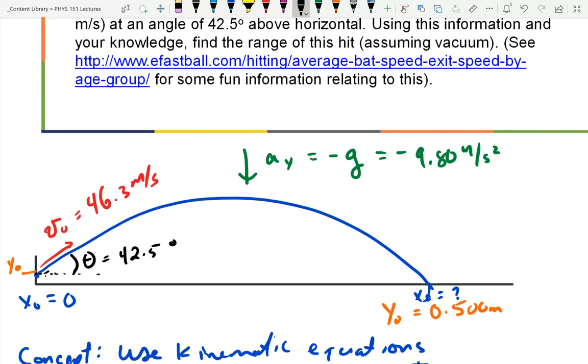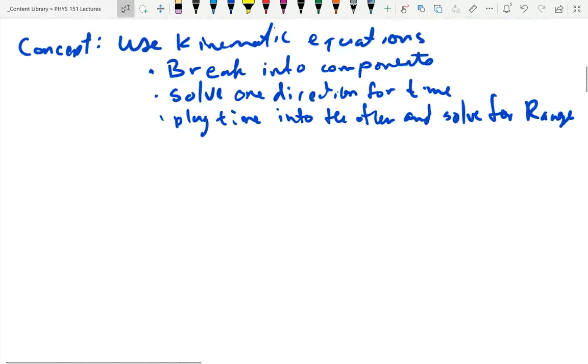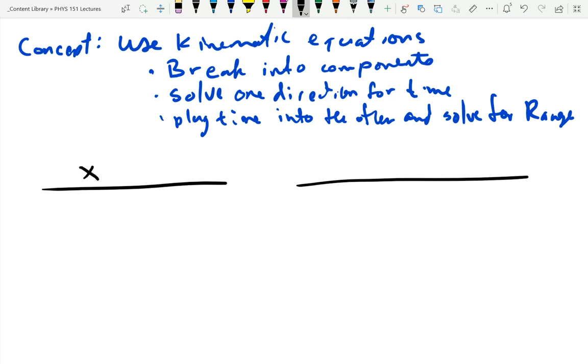Yes, I need to put in the directions. So that's going to be my x direction. That's going to be my y direction. Now x and y will make some sense instead of being, I don't know exactly what they mean. So break into components. So here's going to be my x direction and my y direction.